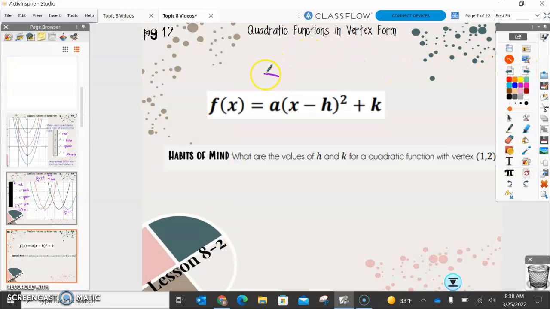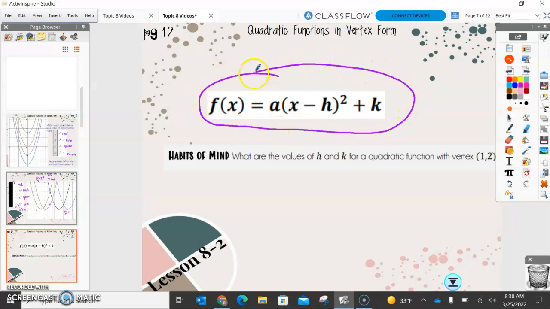This is our basic transformed quadratic function, okay? And so this k value shifts it up and down. I think of it as a kangaroo who jumps up and down. That is your vertical translation. And this h, this makes more sense.